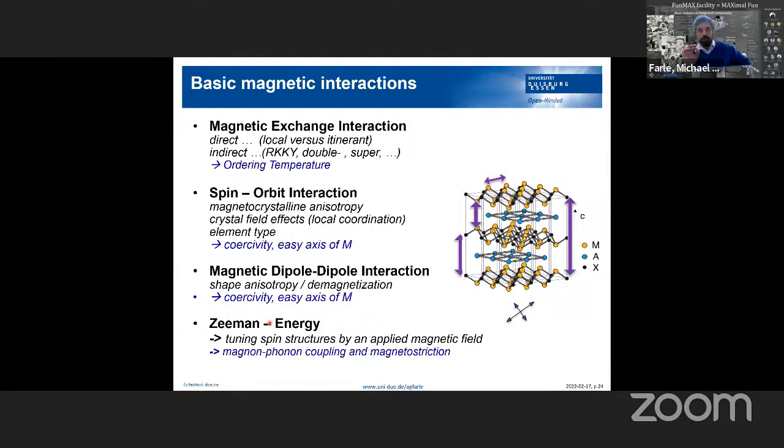But if you go down to the background of these interactions, you, for example, realize that the Dzyaloshinskii-Moriya interaction is a combination of spin-orbit and exchange.